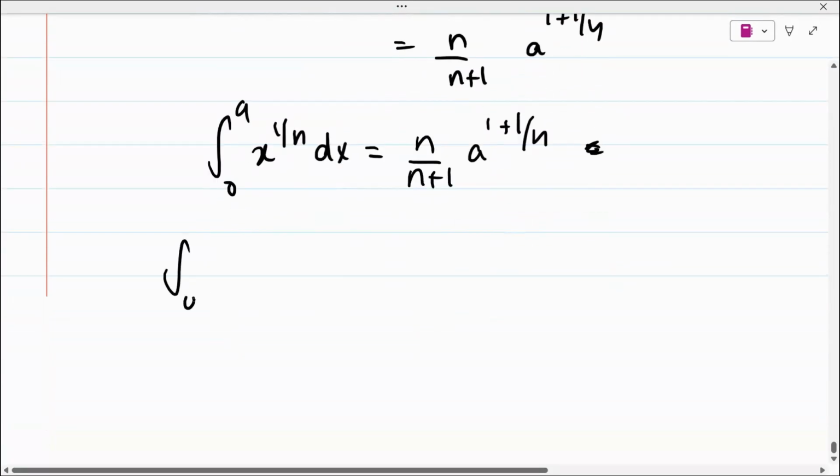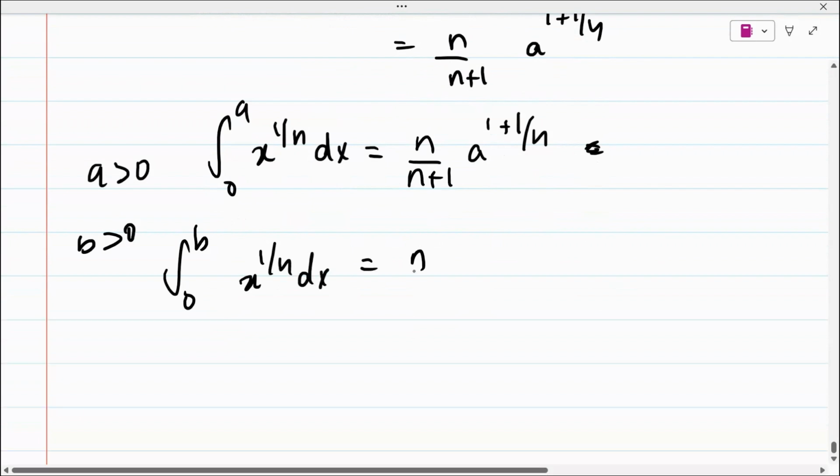So now similarly, A greater than 0, x to the power 1 by n.